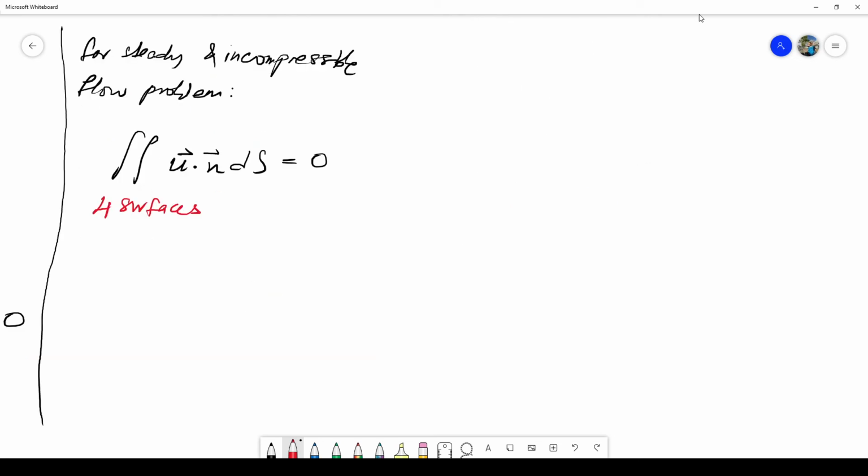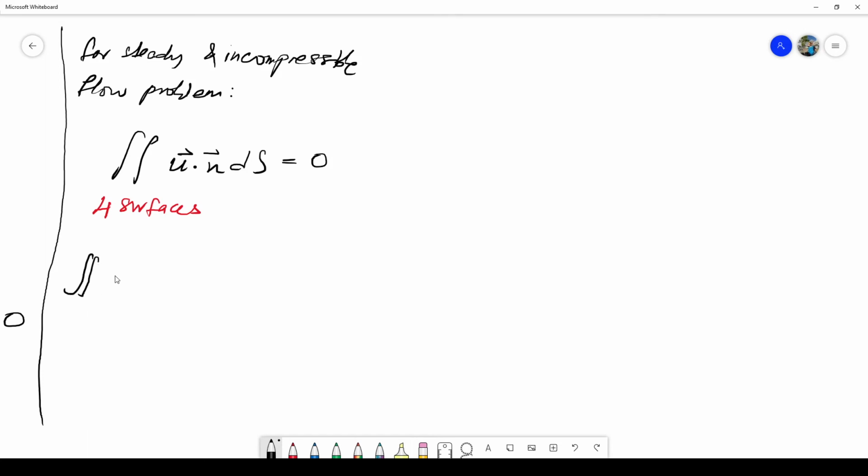In order to solve this particular problem, we first have to write our equation so that it includes all 4 surfaces.